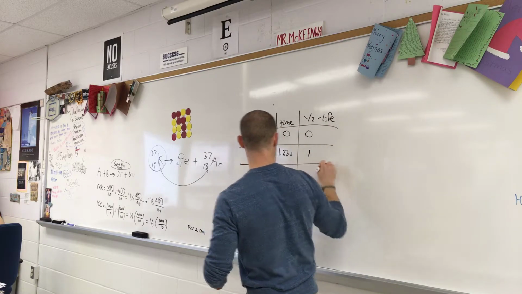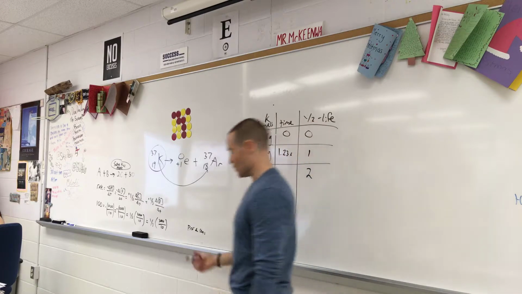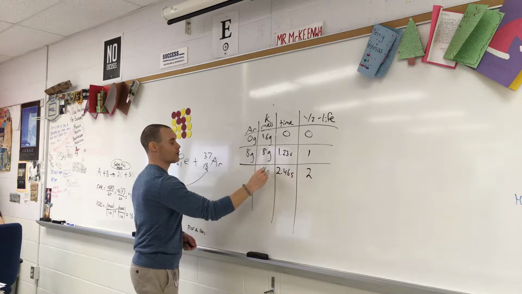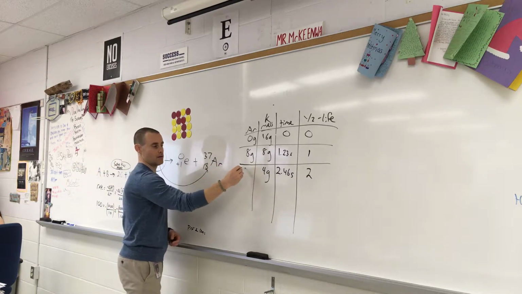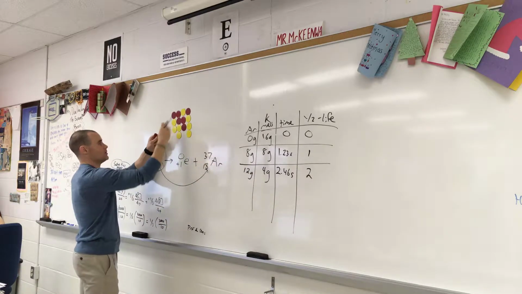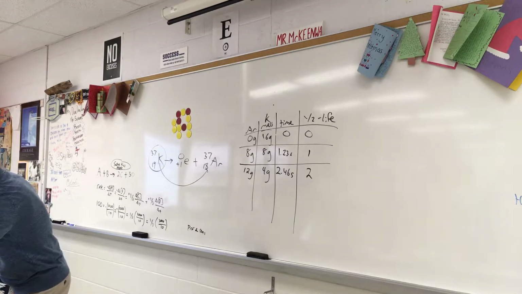So now, after 2 half-lives, how much time has passed? 2.46 seconds, right? 2.46 seconds. And 4 grams remain. And how many grams of argon do we have now? 12, right? Because 4 of these, 1, 2, 3, 4, have turned into argon.